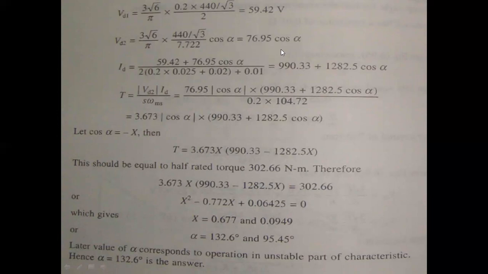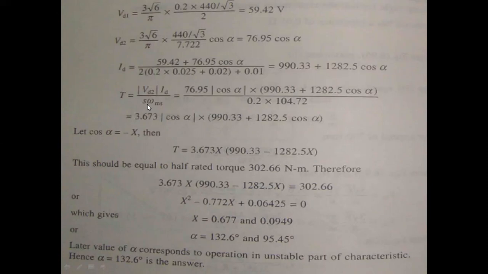So keep it aside. And ID, the DC link current, we have got from the earlier formula: 990.33 plus 1282.5 cos alpha.